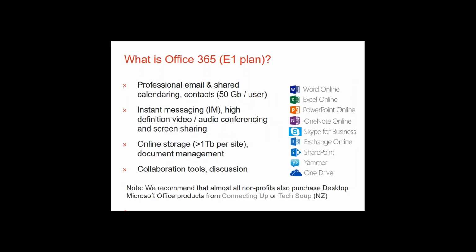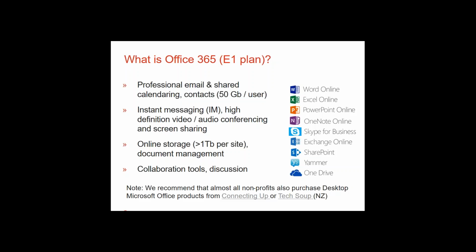So the E1 plan, and the reason I'm focusing on the E1 plan today is, like all not-for-profits, I acknowledge and appreciate anything that's free. So the E1 plan is free for eligible not-for-profits. So most of you that have a DGR or do good work in the not-for-profit space should be eligible for the E1 plan.